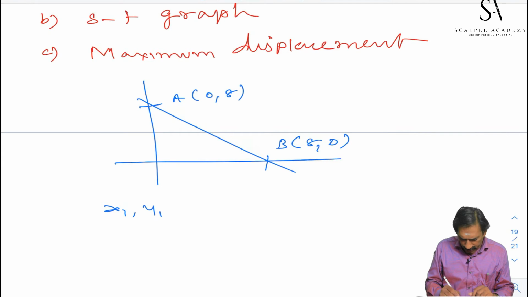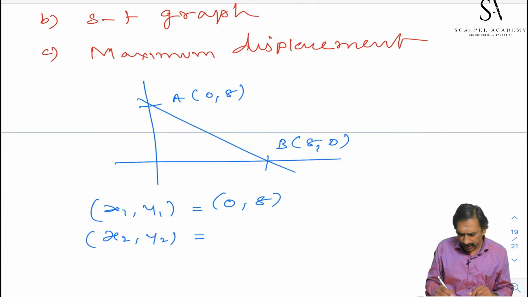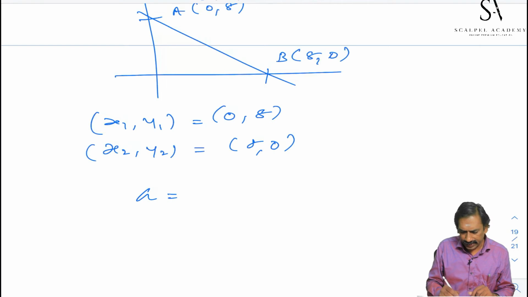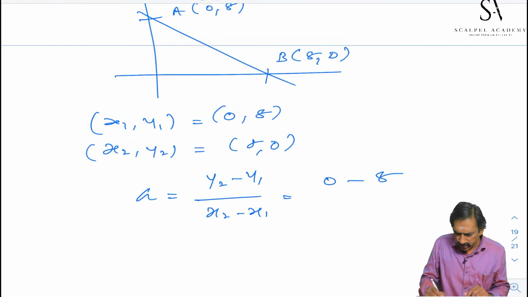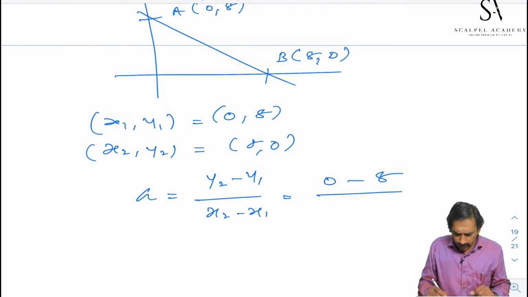x1, y1 is equal to 0, 8. x2, y2 is equal to 8, 0. Therefore, slope is acceleration, y2 minus y1 by x2 minus x1, is equal to 0 minus 8 by 8 minus 0.